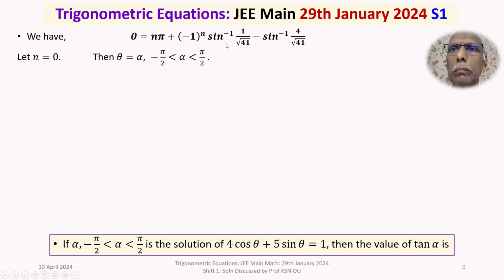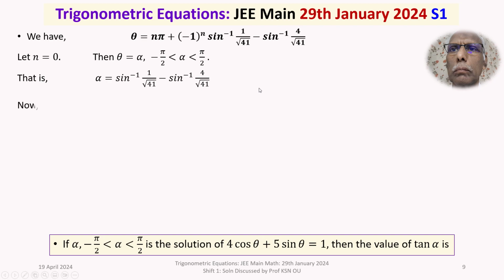And what will be alpha? Alpha is equal to sin inverse 1 by root 41 minus sin inverse 4 by root 41. That is the same alpha, which lies between minus pi by 2 and plus pi by 2, because we have taken only principal values there. So alpha is equal to sin inverse 1 by root 41 minus sin inverse 4 by root 41. Very good.